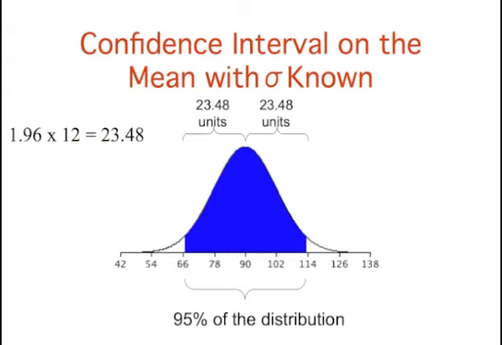Since 95% of the distribution is within 23.48 of 90, the probability that the mean from any given sample will be within 23.48 of 90 is 0.95. This means that if we repeatedly compute the mean, m, from a sample, and create an interval ranging from m minus 23.48 to m plus 23.48, 95% of these intervals will contain the population mean of 90.